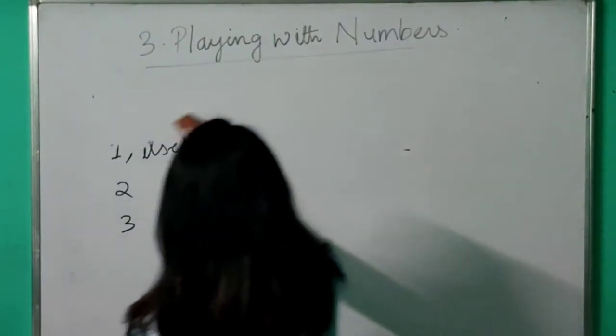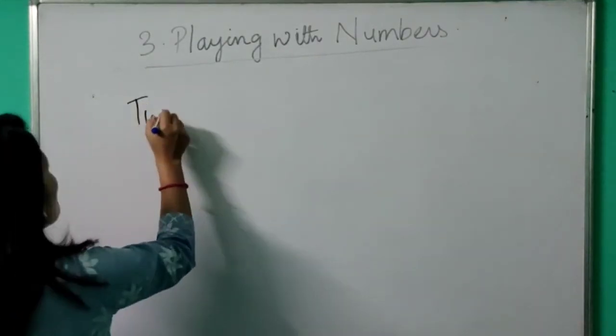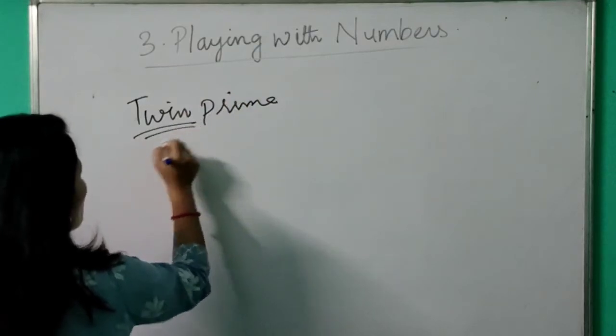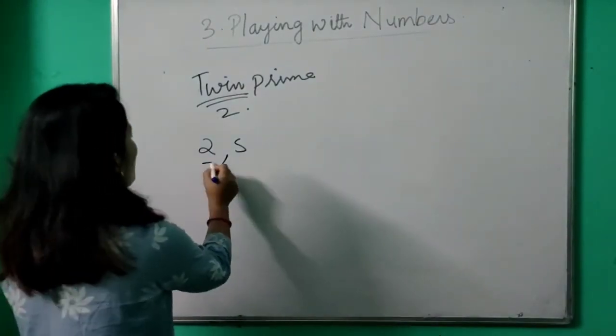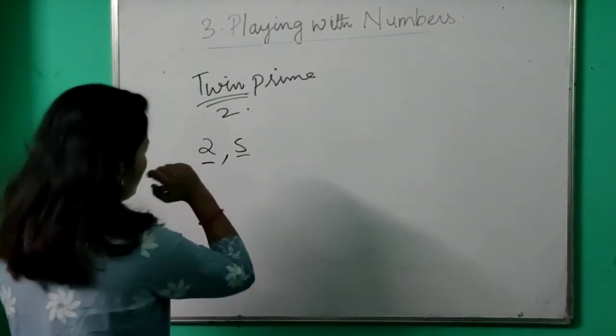Now another term associated with prime number is your twin prime number. Twin means two. So prime numbers which have a difference of 2 are referred to as twin prime numbers. Your 2 is a prime number. Let the next number be 5. It's also a prime number.